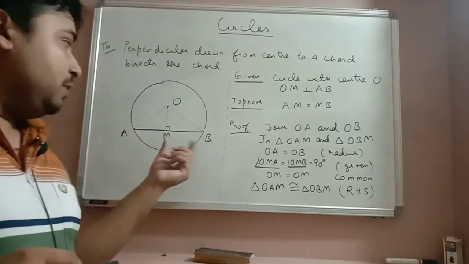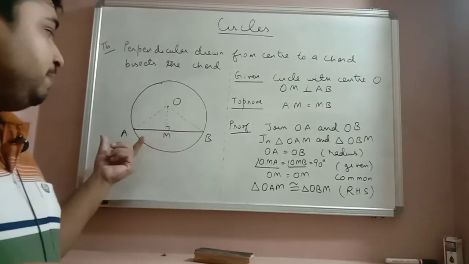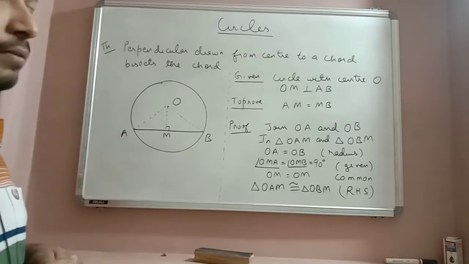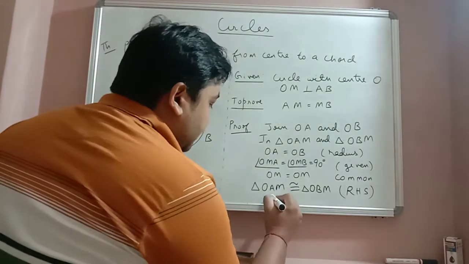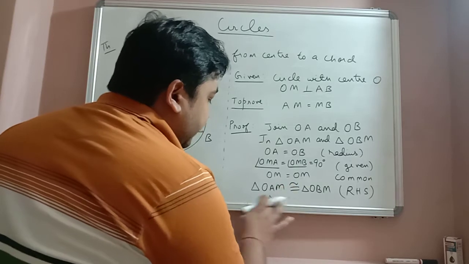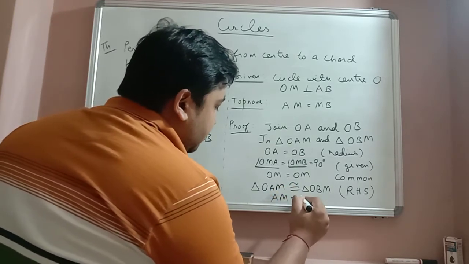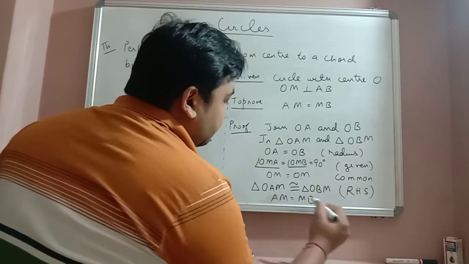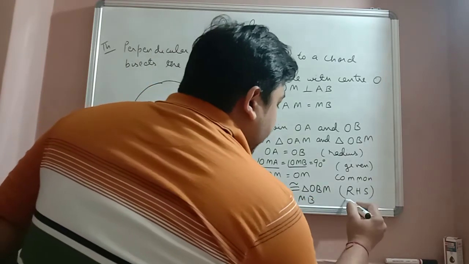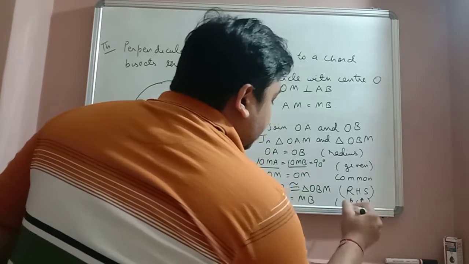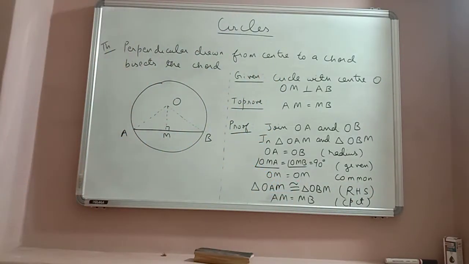Now if these two triangles are congruent, we can simply say that AM is equal to MB by CPCT, that is corresponding parts of congruent triangles are equal.